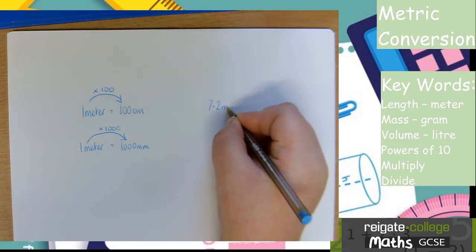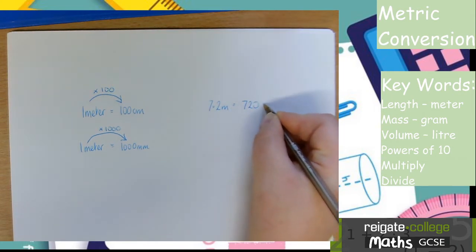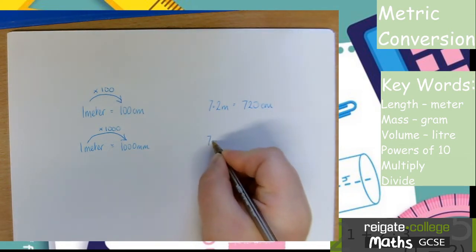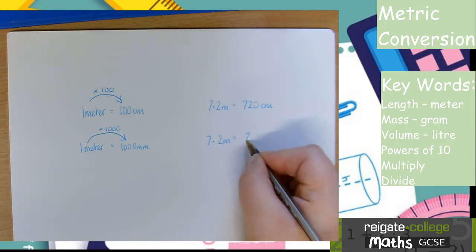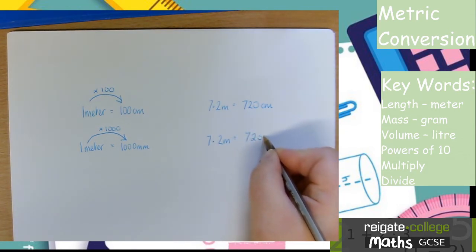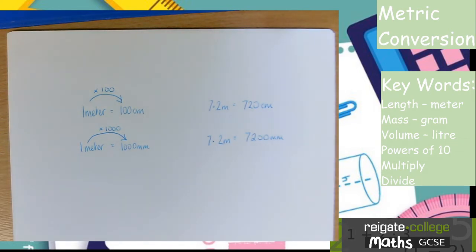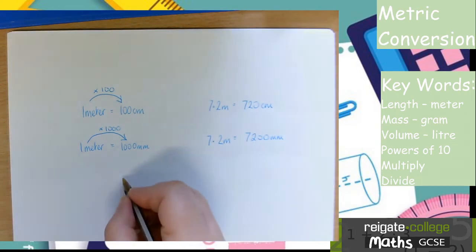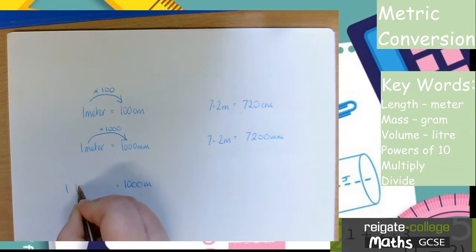7.2 metres is the same as 720 centimetres. 7.2 metres is the same as 7,200 millimetres. There are 1,000 metres in 1 kilometre.